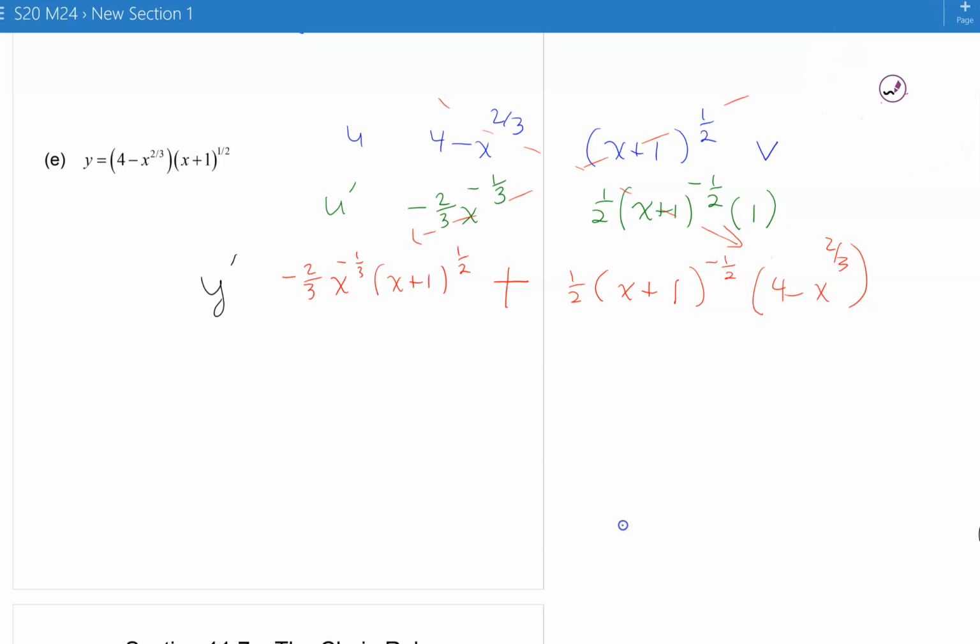and that is our y prime, which needs some simplifying. So it may really help to write it with no negative exponents before you decide how to simplify it. So I'm going to do that.